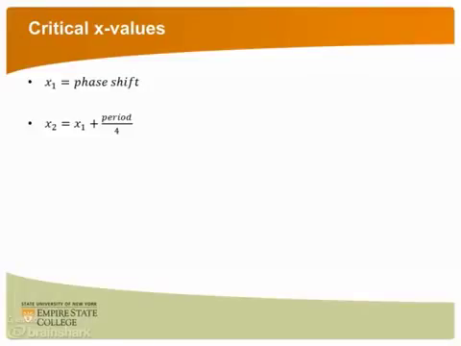X sub 2, our second x value, is the first value with this period divided by 4 quantity added to it. In other words, x sub 2 is the phase shift plus the period divided by 4. X sub 3 is the second x value plus the period divided by 4. X sub 4 is the third x value plus the period divided by 4.